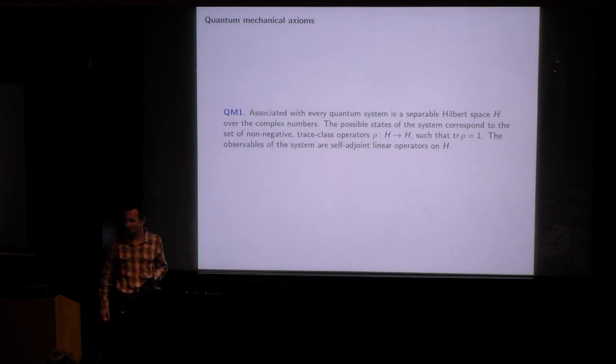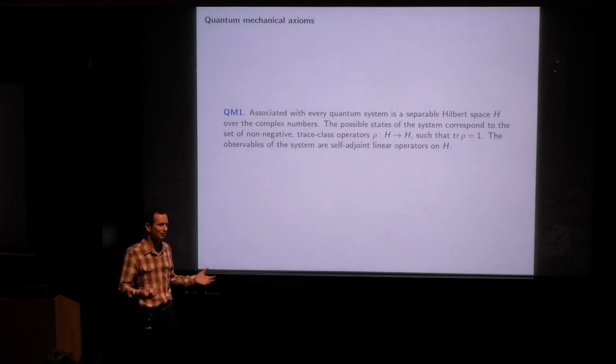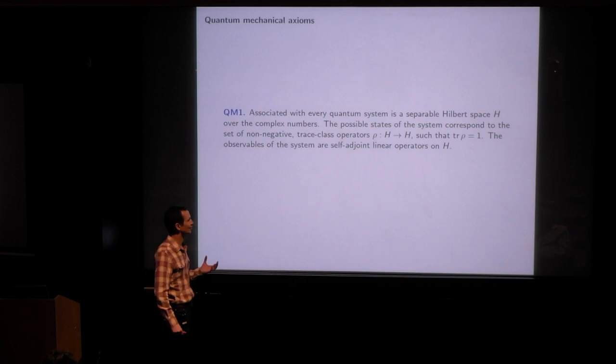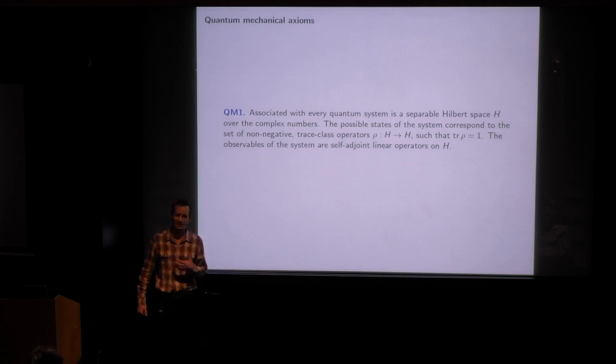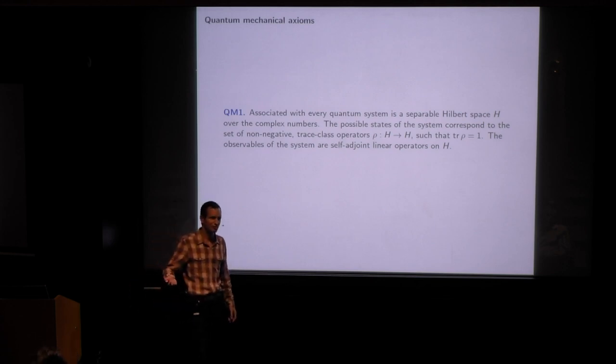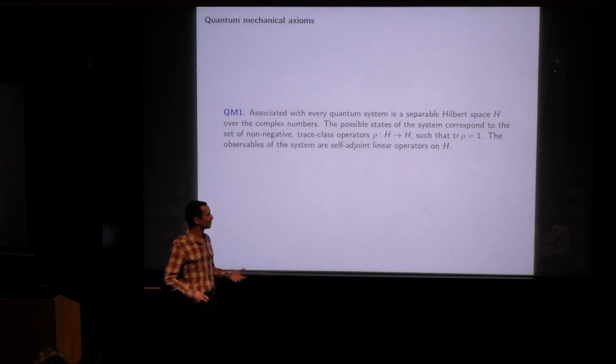So the essential ingredient of a quantum mechanical system is some Hilbert space. And that particular Hilbert space depends very strongly on the application. It could be a finite dimensional space if you're dealing with something like a spin system, or an infinite dimensional space if you have something like a harmonic oscillator.